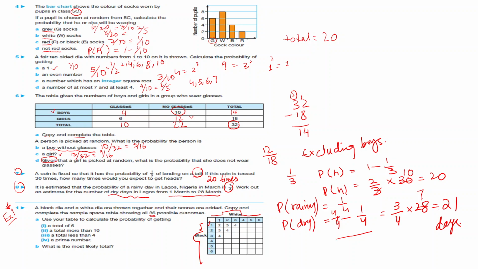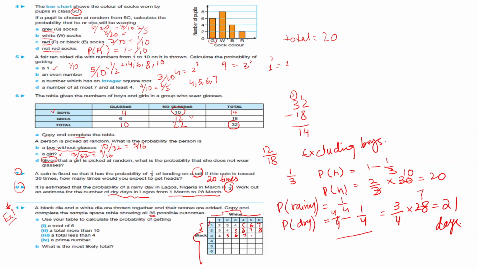So how many possibilities? There are 6 possibilities in one and 6 in the other. So 4 plus 1 is 5, 5 plus 1 is 6, 6 plus 1 is 7. In the same way, 3 plus 2 is 5, 4 plus 2 is 6, 5 plus 2 is 7, and 8.